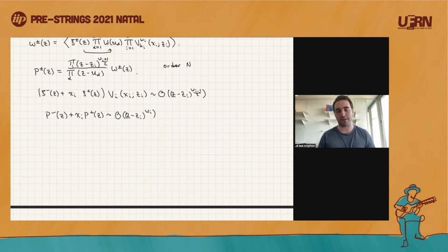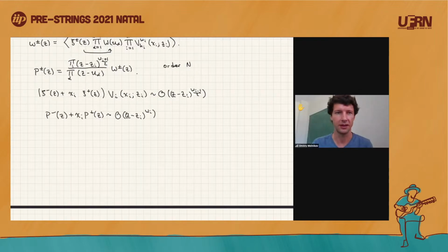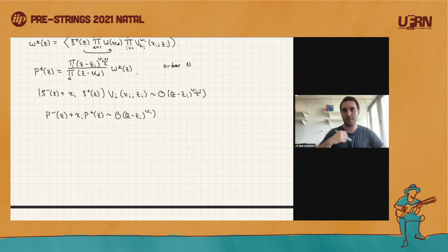And so in that way, if a covering map doesn't exist, then there is no non-trivial solution to these equations. I think the conclusion was that P plus in this case has to be trivially 0. Yes. So if no covering map exists, then P plus has to be trivially 0 in order for this to be satisfied.